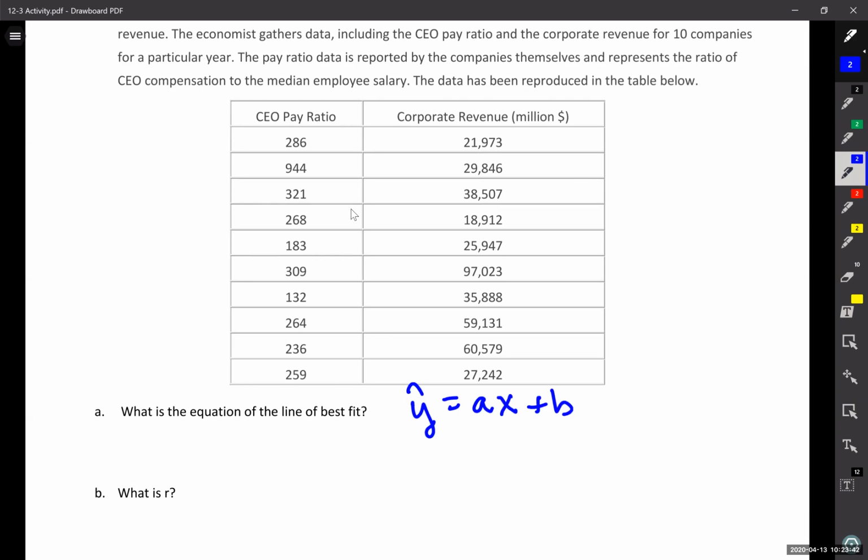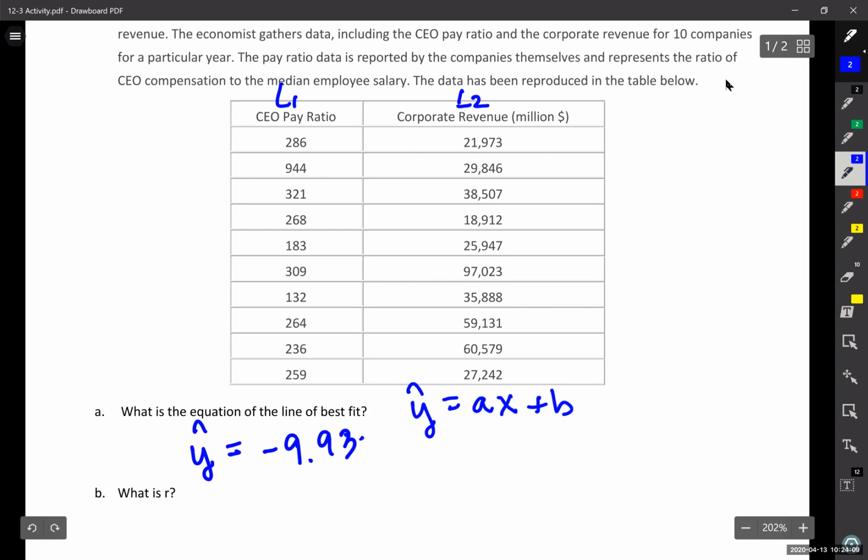And then second, it's asking for R, and R is right there on the same screen where you find A and B. So you will have already put the pay ratio in L1 and the corporate revenue in L2. Type that in, use your calculator, and you will end up with y hat equals negative 9.93x.